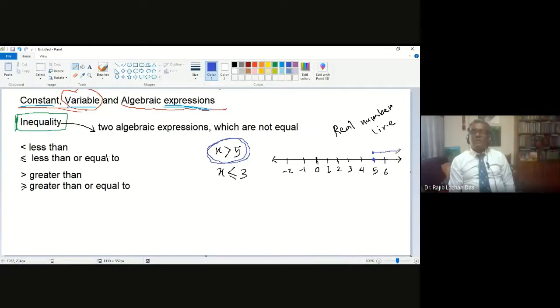Right side means bigger number. So x greater than 5 is this arrow, that is bigger number. And if you think about less or equal to 3, then again we try to find out where is that 3. So this is the position for 3.